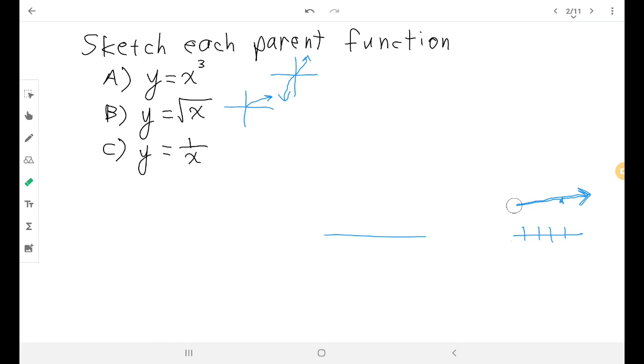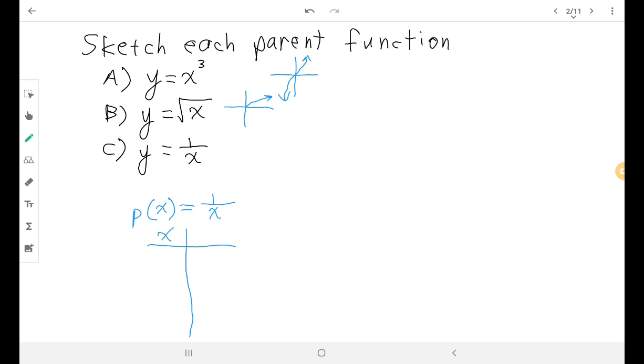And usually when I talk about parent functions, I like to use p of x. So I'm using y equals because that's what Edgenuity used, but usually I'd say like p of x equals, say, 1 over x, the next one we're going to do. Okay? So let's, again, make ourselves a table for the parent function, p of x equals 1 over x, or y equals 1 over x.